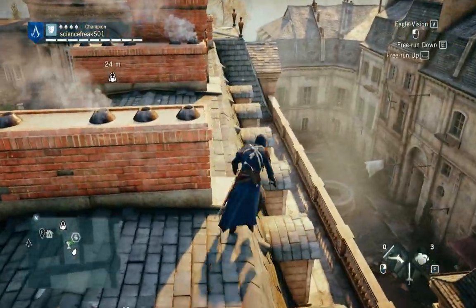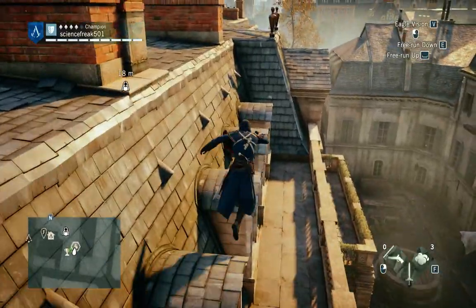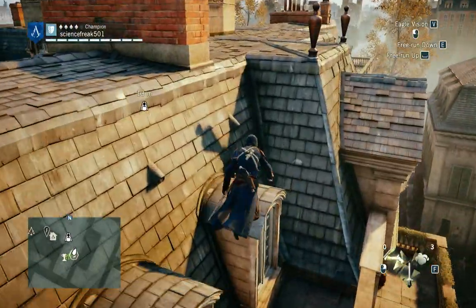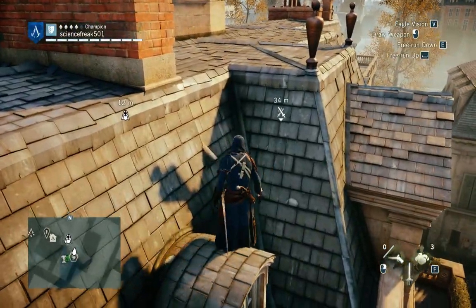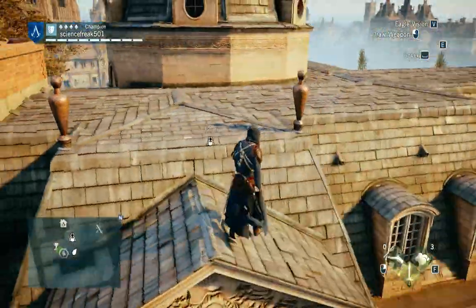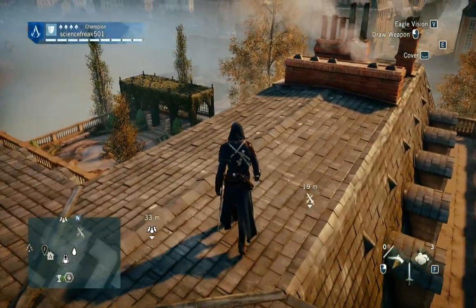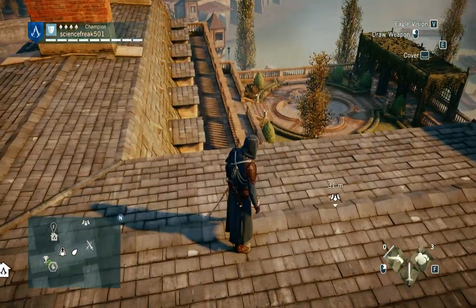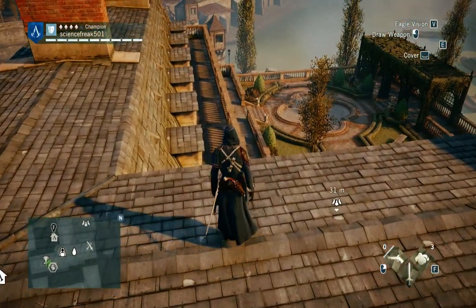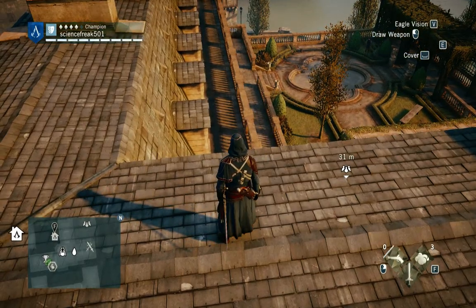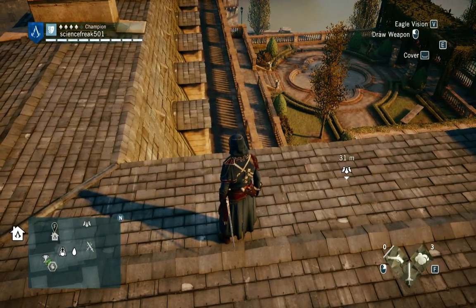Now, one thing that I need to mention is the interaction between the player's input and this entire parkour system too. The parkour system is made up of a couple different components. One is the player's input.